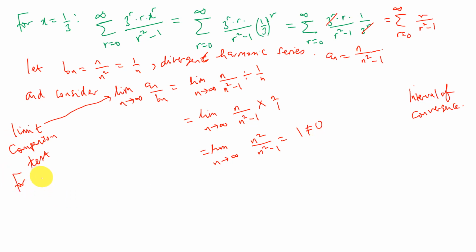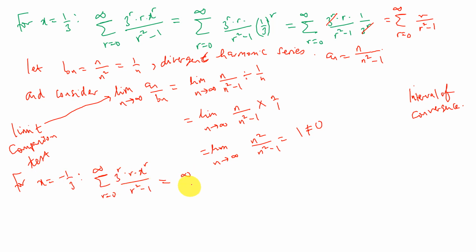radius 1 over 3. But now for x equals minus 1/3, it's going to be alternating. So you have the original series, the sum from r equals 0 of 3 to the power r, x to the power r, divided by r squared minus 1.